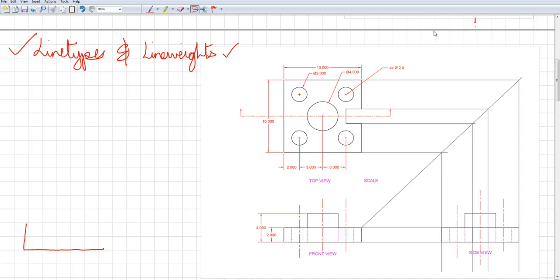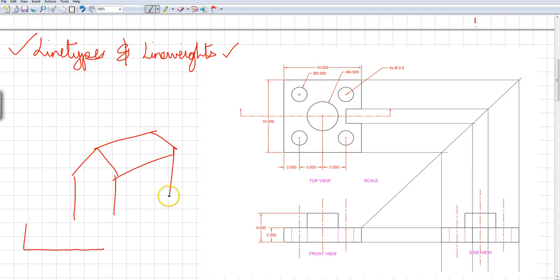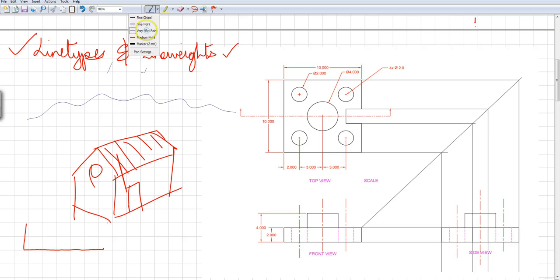Like for example, if I'm just going to draw a cartoon house. Now this is our cartoon house. Okay, so I'm using a thicker line weight over here, but when I needed to draw some mountains behind, some birds flying, I would use a thin line weight. You know what I'm saying?